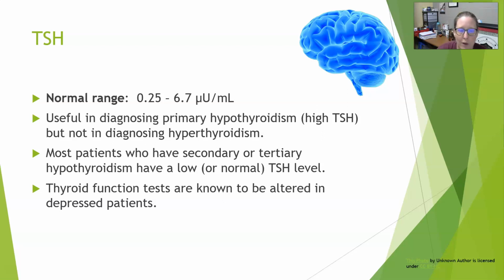Most patients with secondary or tertiary hypothyroidism can have a low TSH, sometimes a normal TSH level, but it tends to be low because the defect is, if it's secondary, at the pituitary, and if it's tertiary, at the hypothalamus. Thyroid function tests are known to be altered in depressed patients, so there are things that can affect your TSH. The TSH is probably the most ordered screening test for thyroid function.